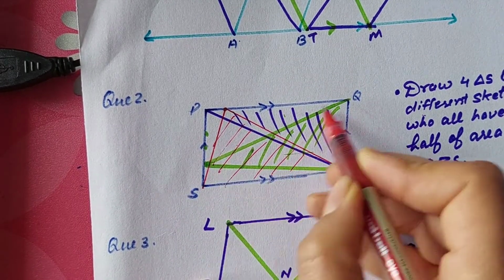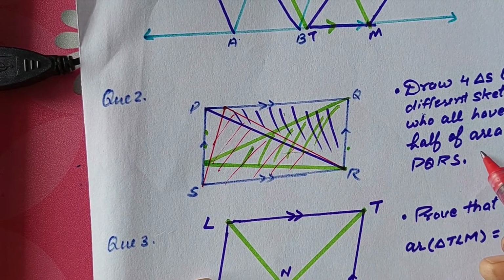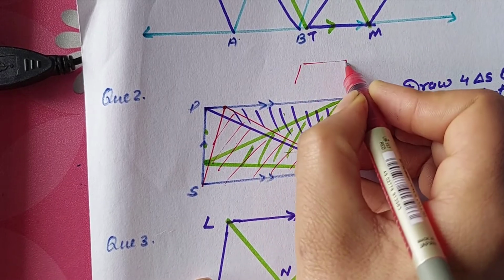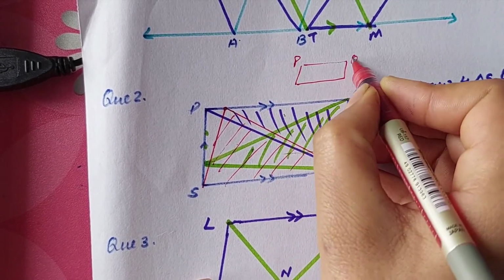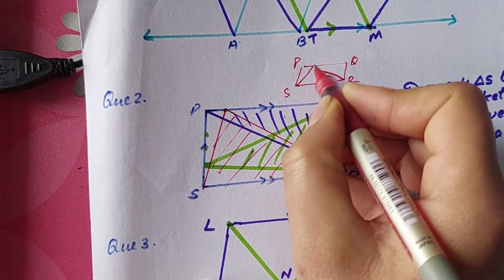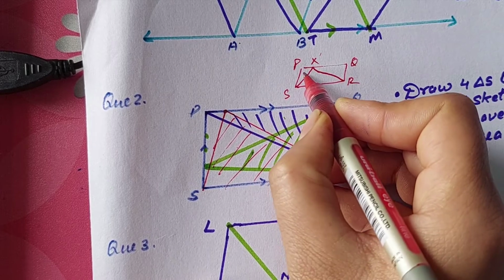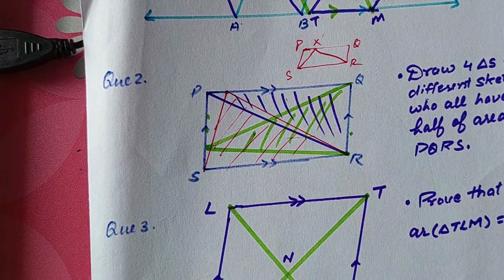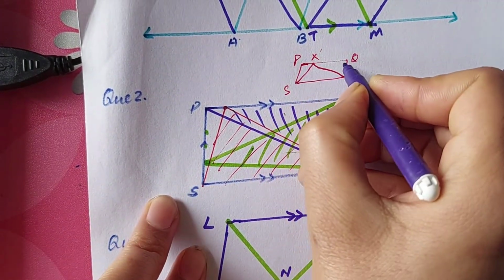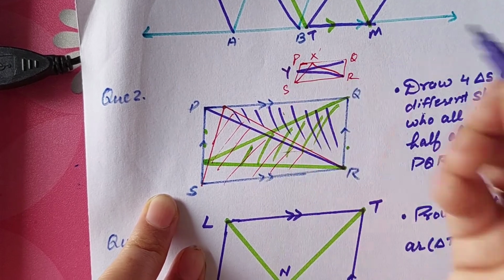We can make many more, and in that way we can come up with one more application-level question. Maybe I can ask you to prove that the area of triangle RXS is equal to the area of triangle QRY.